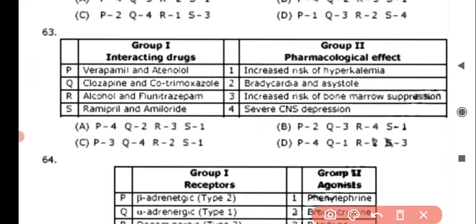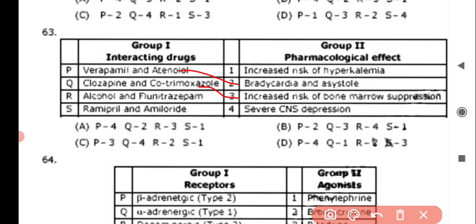Then in the next question, group 1 contains the interacting drugs and group 2 contains the pharmacological effect. The first drug pair, verapamil and atenolol, the correct answer is option number 2, that is bradycardia and asystole. The next interacting drugs are clozapine and cotrimoxazole. The correct answer is increased risk of bone marrow suppression.